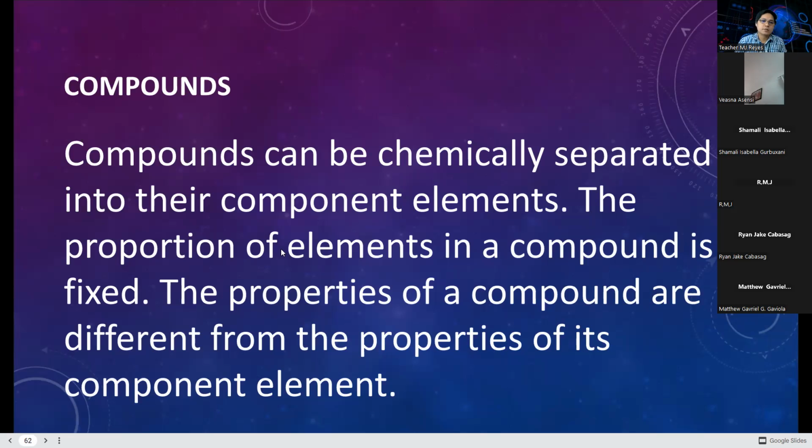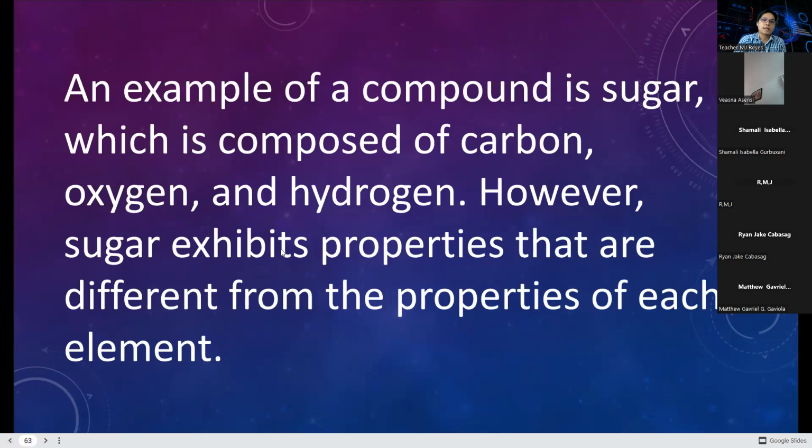How about compounds? Compounds can be chemically separated into their component elements. The proportion of elements in a compound is fixed. The properties of compounds are different from the properties of its component elements. An example of a compound is sugar, which is composed of carbon, oxygen, and hydrogen.